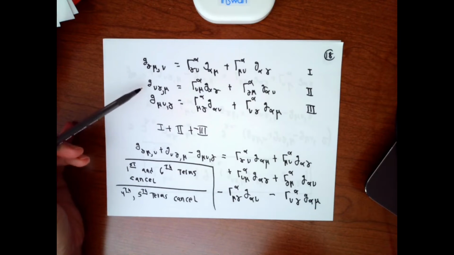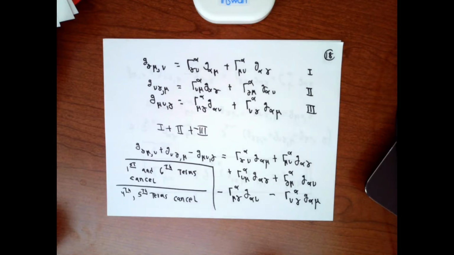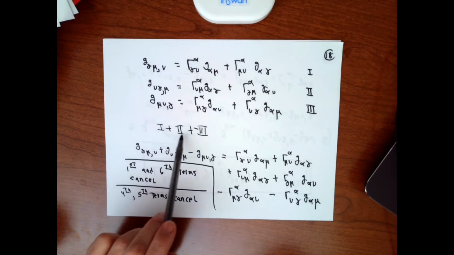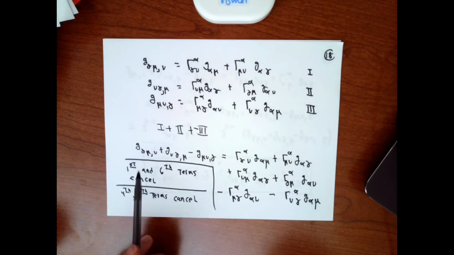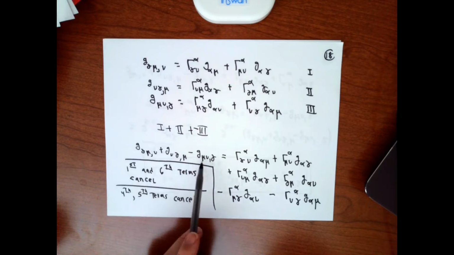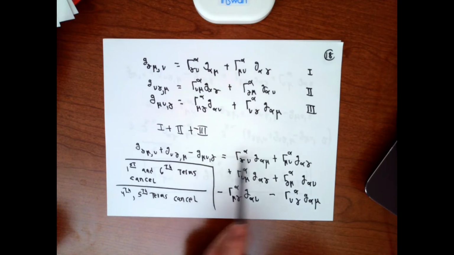If you rotate it again, you get this one. And just like in the first semester, we're going to add the first two together and subtract the third one. In terms of the components of the metric, this must equal all of this.